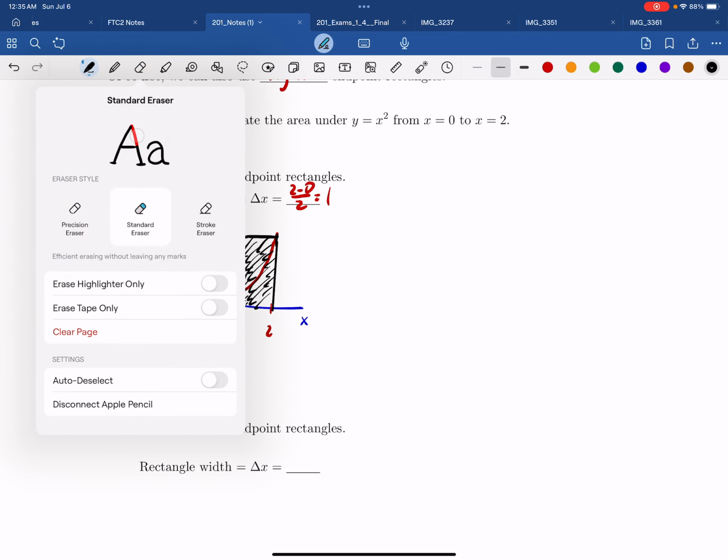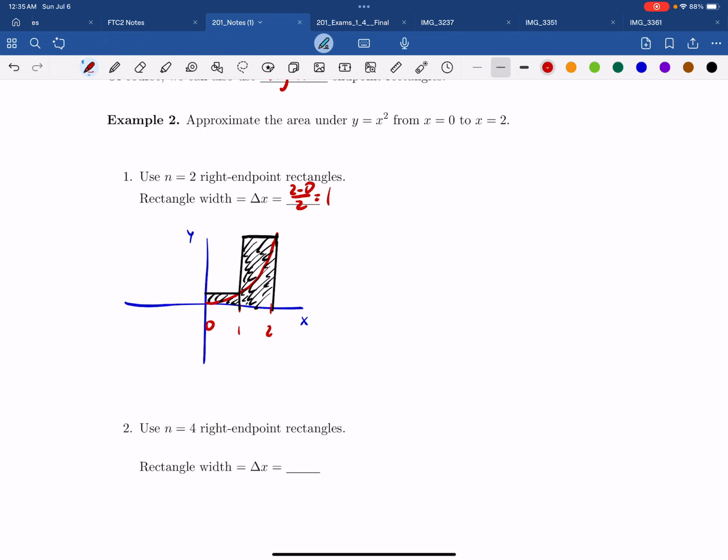But let's see what it is. We're going to get area approximately equal to f of 1 delta x plus f of 2 delta x, right?